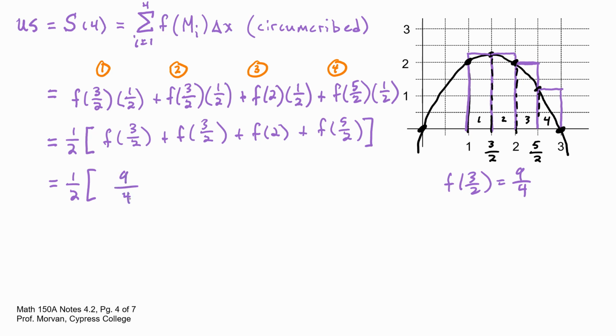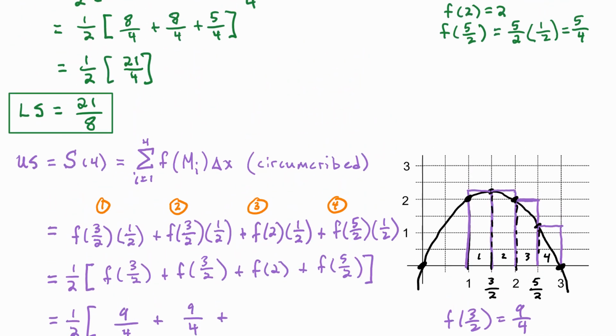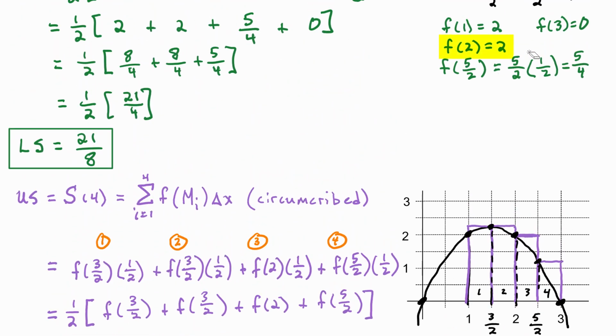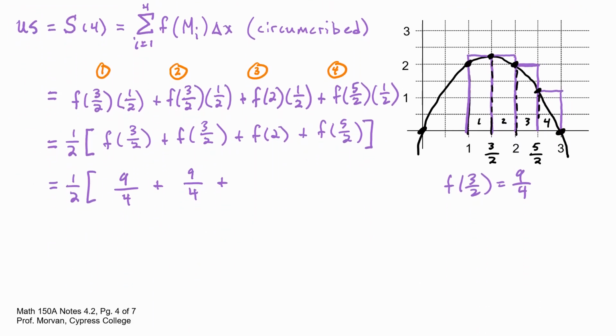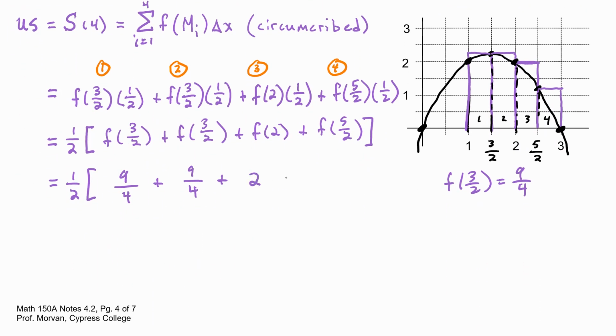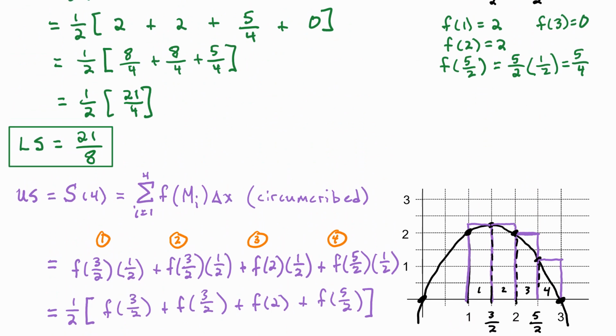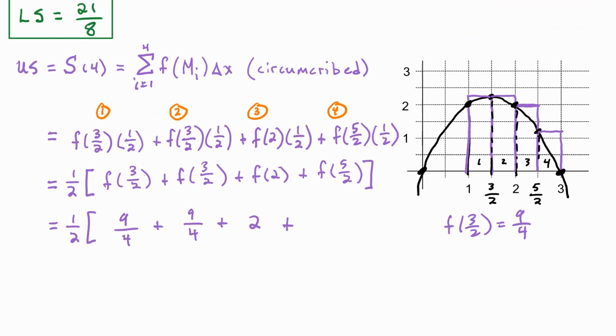So we have 9/4 plus 9/4 plus f of 2, which we figured out earlier. F of 2 is equal to 2. Plus f of 5/2, which we also figured out earlier. F of 5/2 is equal to 5/4.